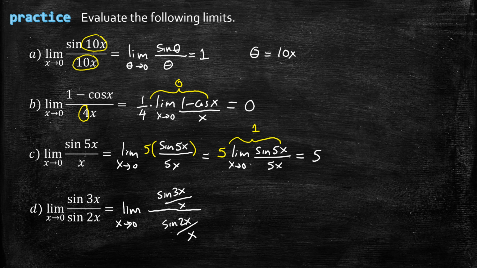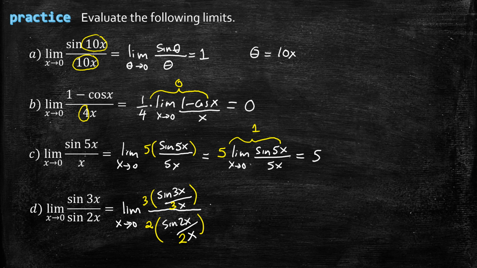That's perfectly legal, but that still doesn't help us because we need to get the factors in there. We need to deal with that 3. So if we introduce a 3 here and compensate for it by multiplying by 3, and introduce a 2 here, compensate for multiplying by 2, in effect we're really not changing the value of the fraction.